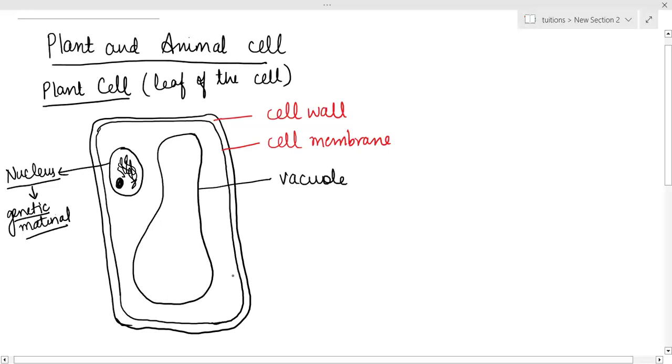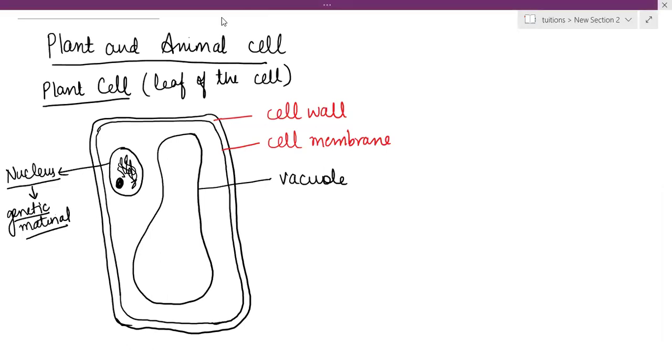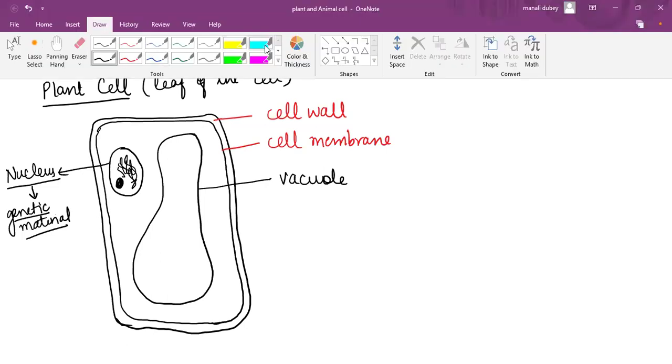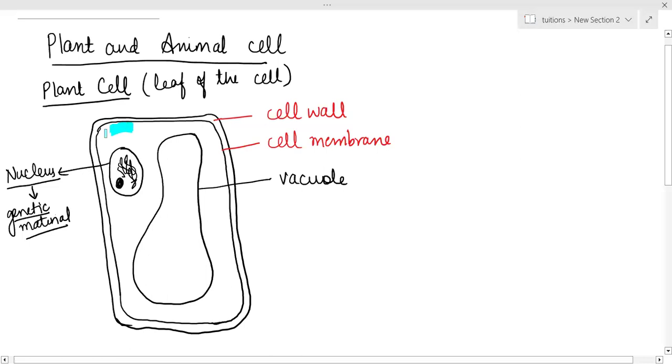Then obviously the whole cell has a jelly-like medium in which all the organelles are lying, and everything is in this liquidy medium. This jelly-like substance is where all the metabolic reactions happen.